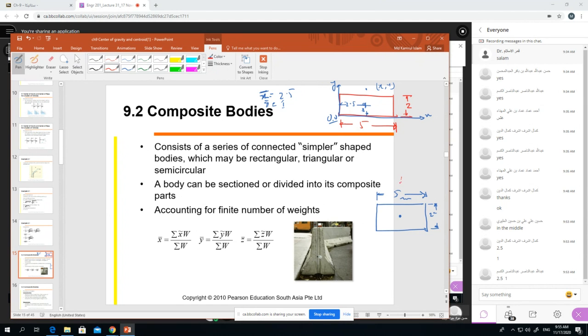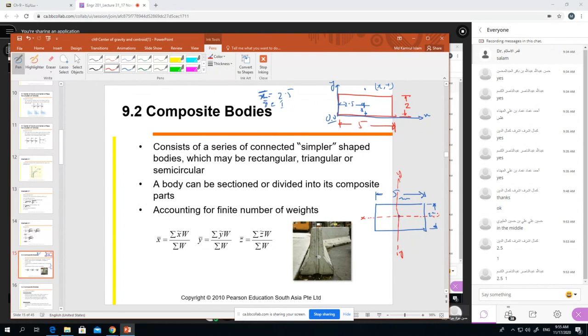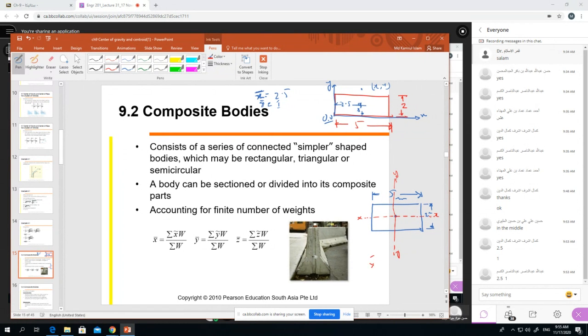Our axes are here, this is x, this is y. Now tell me, where is our x bar, how much, and y bar, how much? Tell me.